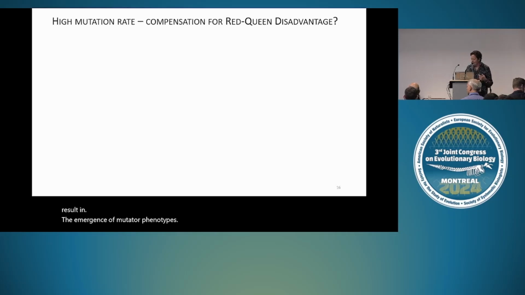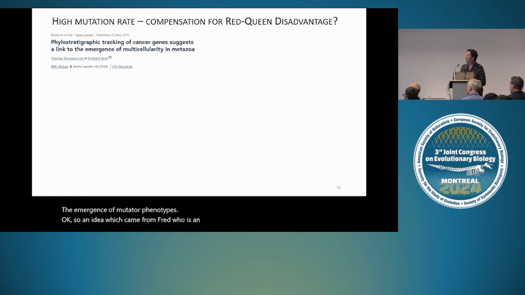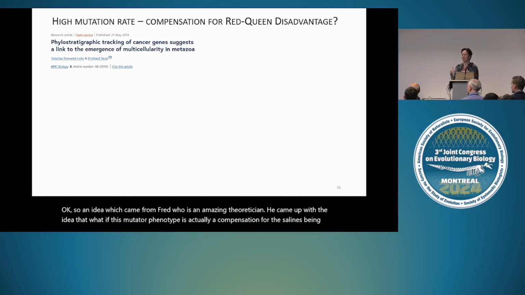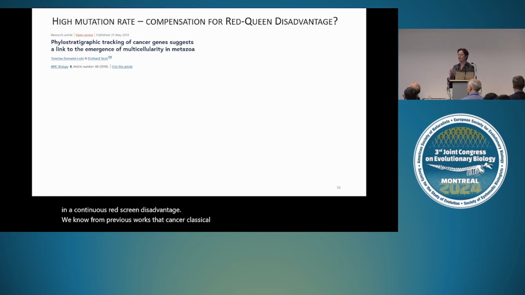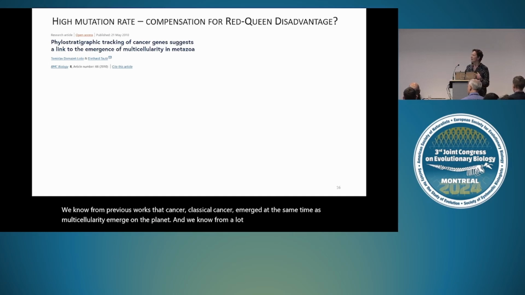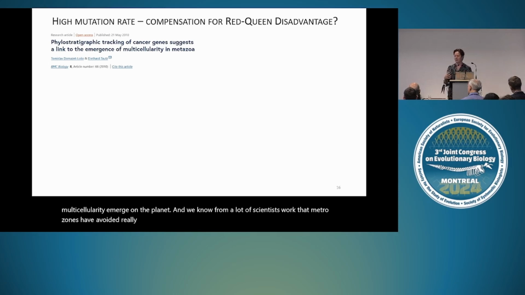Okay, so an idea which came from Fred, who is an amazing theoretician. He came up with the idea that maybe this mutator phenotype is actually a compensation for these cell lines being in a continuous Red Queen disadvantage. We know from previous work that classical cancer emerged at the same time as multicellularity emerged on the planet, and we know from a lot of scientific work that metazoans have evolved really good cancer suppression mechanisms.